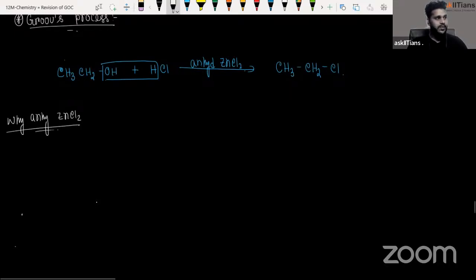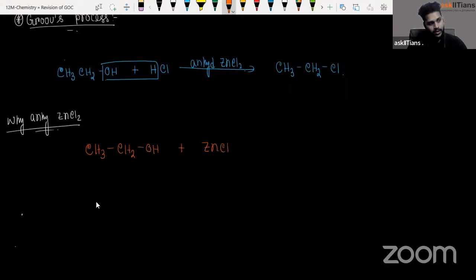So over here, when we are making this reaction happen, say CH3CH2OH, the mechanism goes like this: when ZnCl2 is added, it acts like a Lewis acid. Now, what do we mean by Lewis acid? The ones who accept electrons are called Lewis acids.